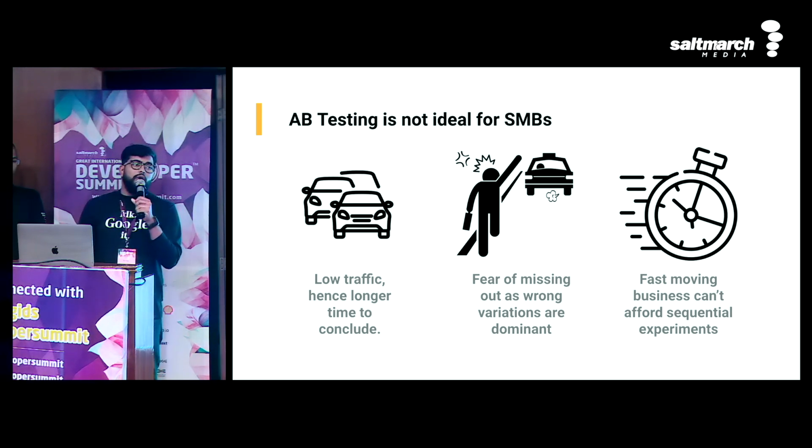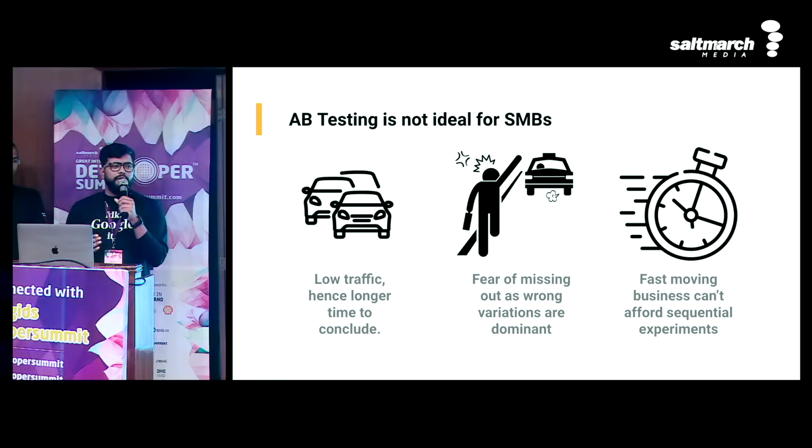Second of all, only 25% of the potential customers get to see the superior variation, and the rest 75% miss out and get to see the inferior variation. As a result, the conversion rate gets lower.